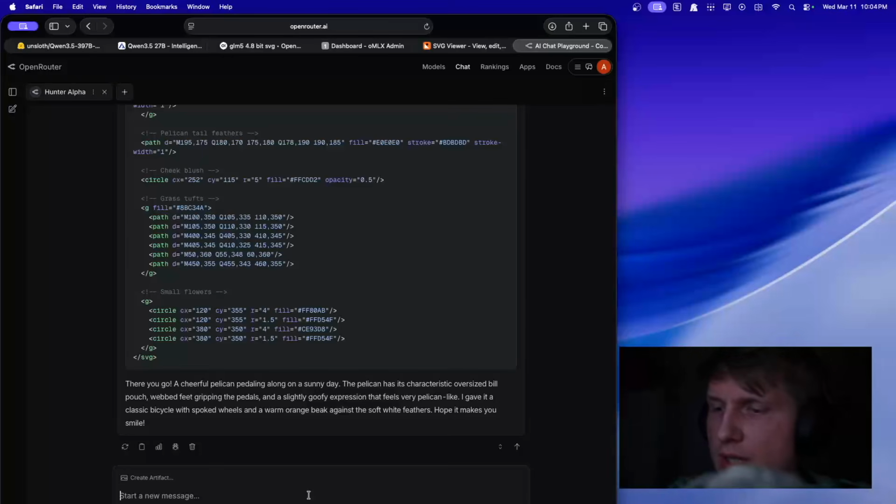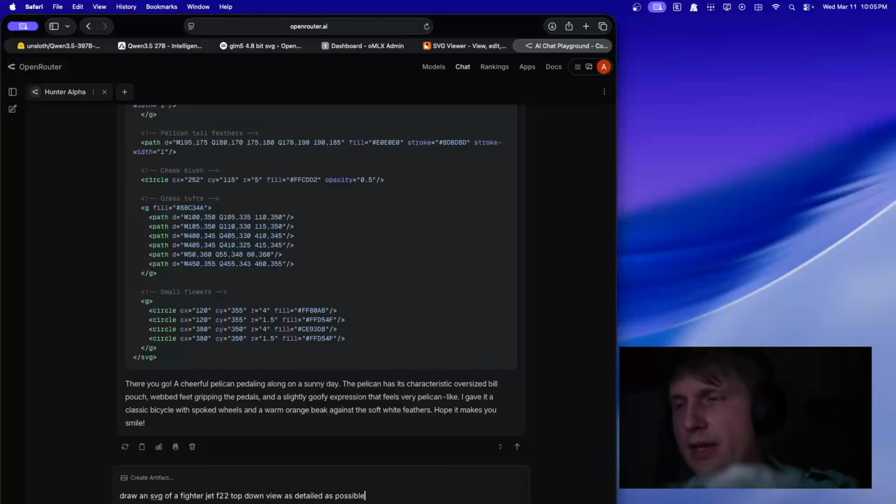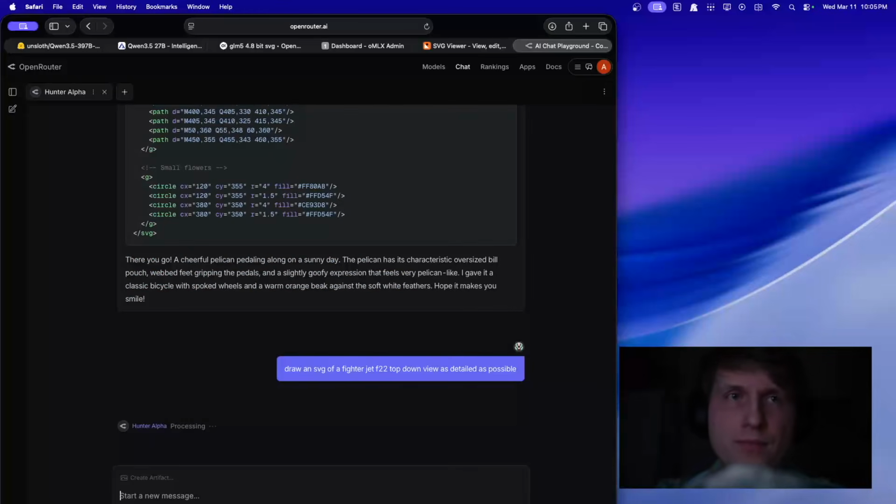So right now I'm just going to ask it: draw an SVG of a fighter jet, F-22, top-down view, as detailed as possible.